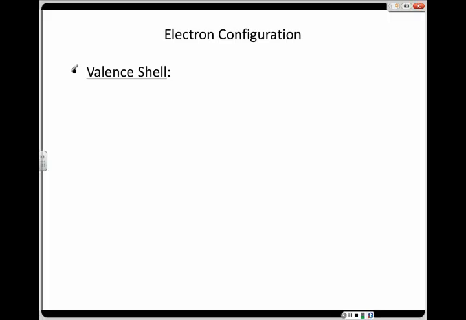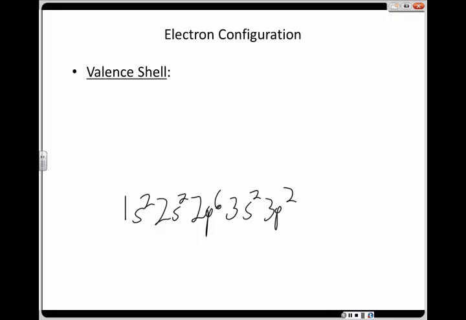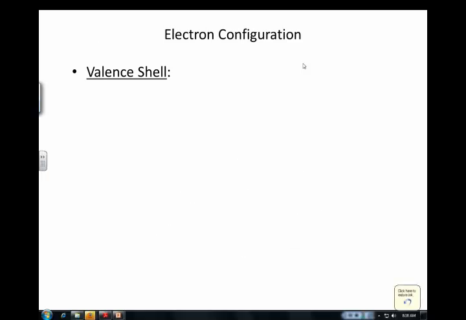So if we look at 1s2, 2s2, 2p6, 3s2, 3p2, what really matters is that in its highest shell there are 4 electrons. That's what really, really matters. So there's a name for this. The highest energy shell is called the valence shell. That's all that means.